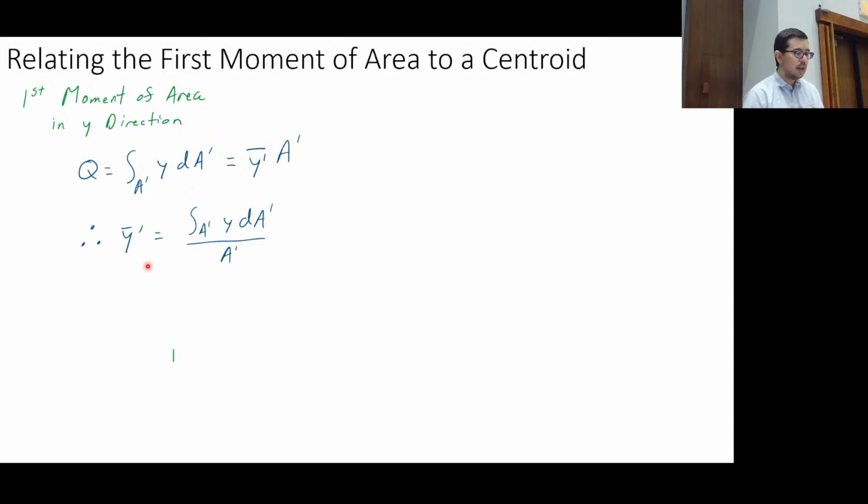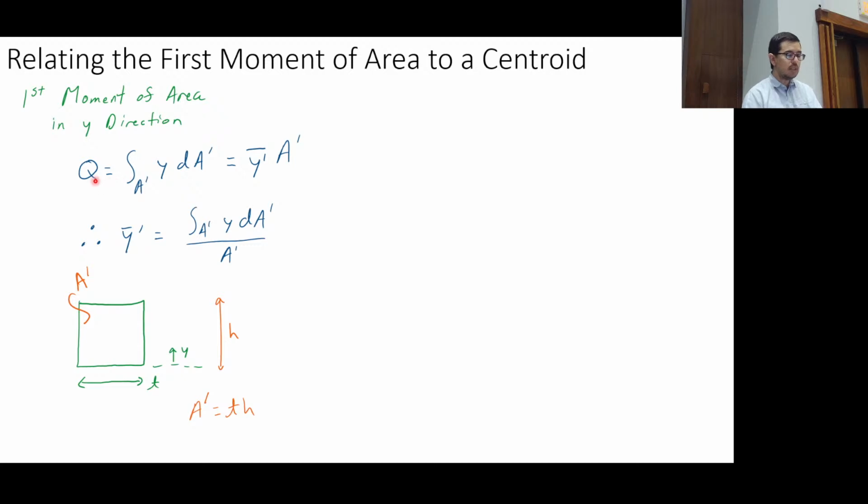Just to give an example of how you might think about this centroid, imagine that you have some box with A prime as its area, with width or thickness now in terms of T and height H. Where's the centroid? The centroid can be calculated by this equation right here.